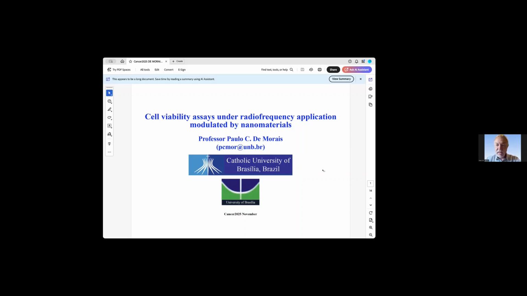And the point that I want to emphasize here is the synchronism between this radiofrequency therapy and the use of nanocomposites that I will describe. There is a huge synergy between these two approaches, and this is the topic I want to share with you.